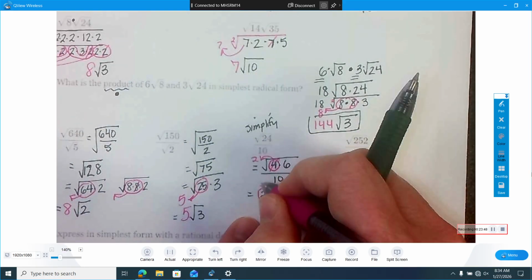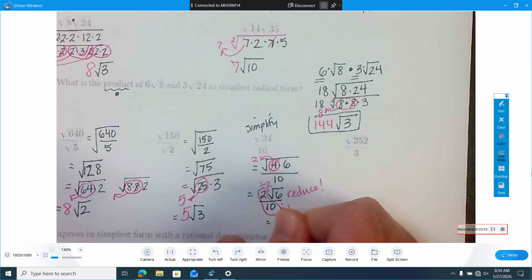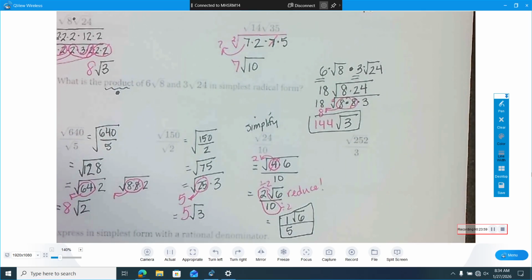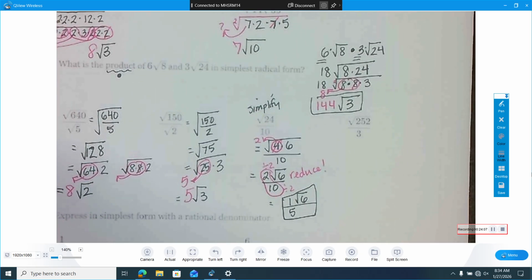We would divide top and bottom by 2. 2 divided by 2 is 1. 10 divided by 2 is 5. And there's still a radical 6 on top. So 1 radical 6 over 5. All right, and then I think I'm good with that. I don't want to do more.